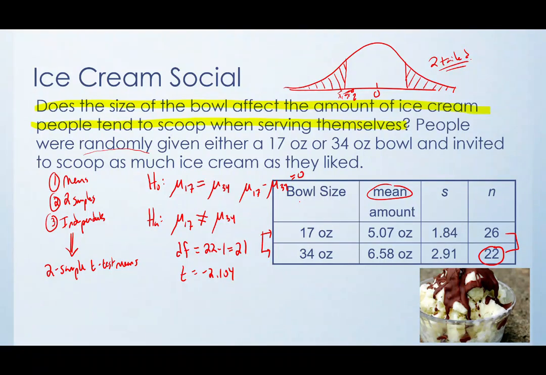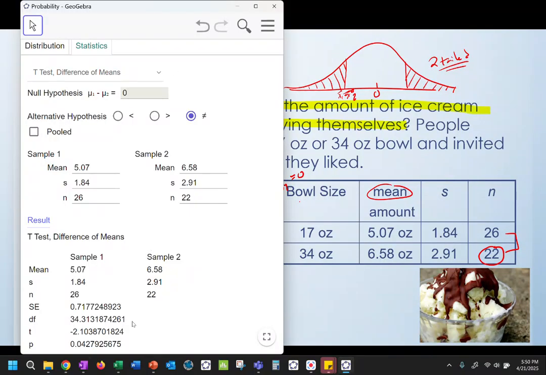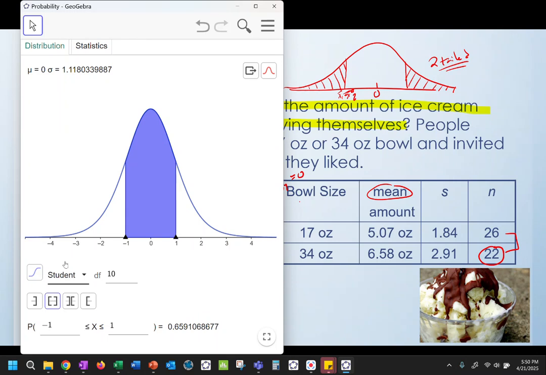Now, our p-value is not going to be this 0.04 here, because we're not going to use this DF of 34.3. We are going to use a DF of 21. So we're going to go back to distribution. We're going to make sure we've got students selected, change our DF to 21.